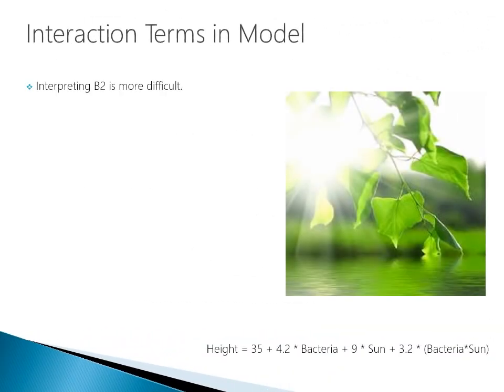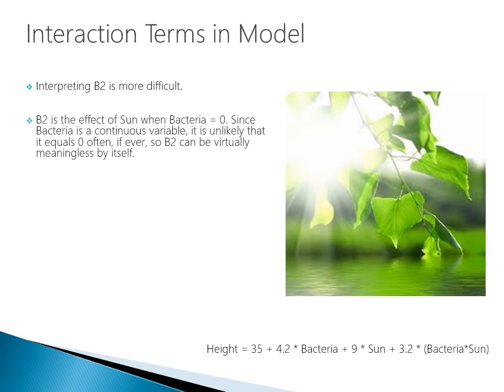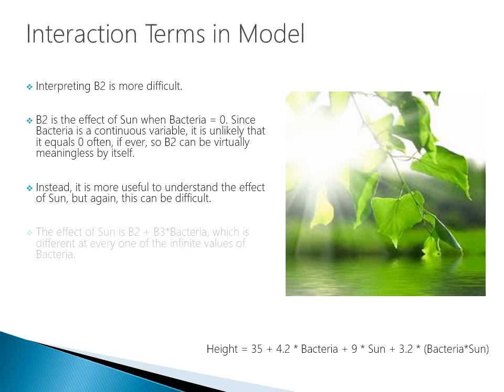Interpreting beta 2 is a little more difficult. Beta 2 is the effect of sun when bacteria equals 0. Since bacteria is a continuous variable, it is unlikely that it equals 0 often, if ever. So beta 2 can be virtually meaningless by itself. Instead, it is more useful to understand the effect of sun, but again, this can be difficult.